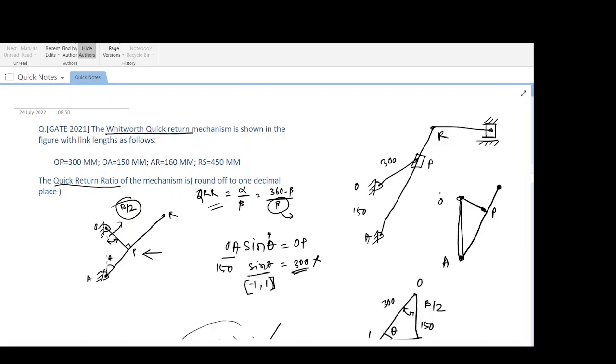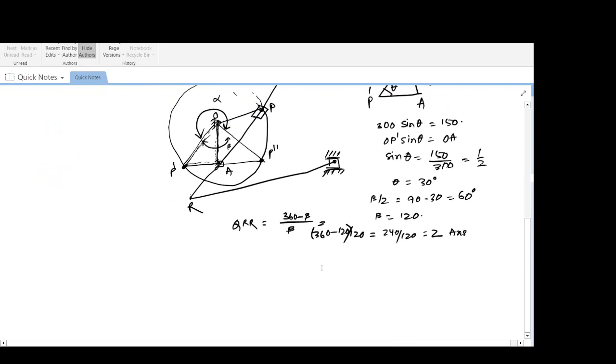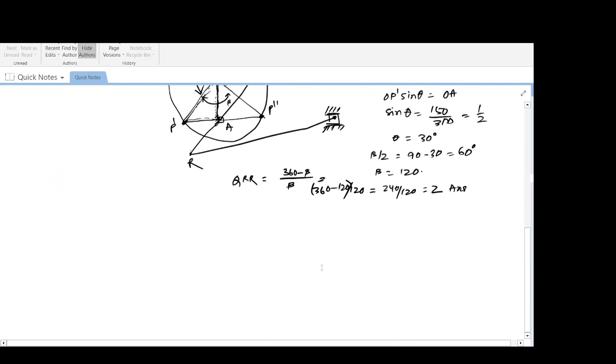But why not for the Whitworth quick return mechanism? Because in the crank slotted mechanism, the fixed link is the longest one, which is more than the crank in length, like OA is greater than OP. But while it comes to the Whitworth quick return mechanism, as we know, the crank itself is in fixed condition.